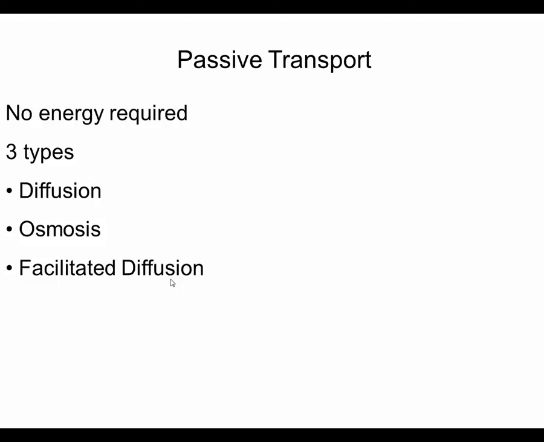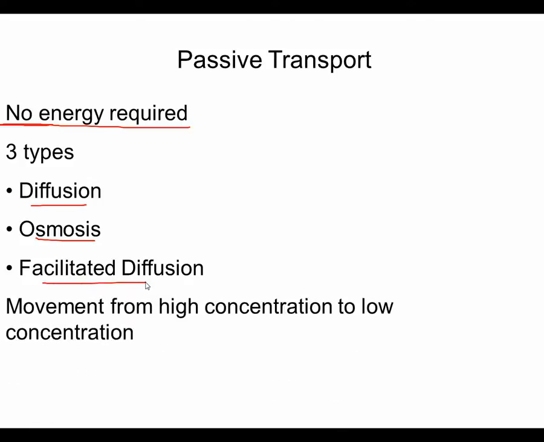As you can see, there are three different types. The key here is there's no energy required. The three different types are diffusion, osmosis, and facilitated diffusion. Osmosis is a type of diffusion, but it deals strictly with water. And facilitated diffusion actually involves a little bit of help, but it doesn't require any energy to do that.